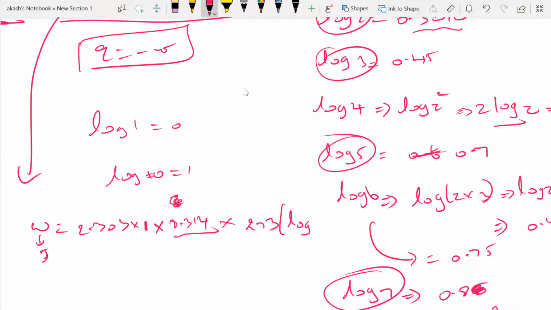Sir, here since we are using the volume in liters, aren't we supposed to use the value of R as 0.0821? No. It is taken care of because the volume by volume term gets cancelled. It's V by V, are you able to understand? The liters will get cancelled. Whatever log A upon B is, it is log A minus log B. However you do it, eventually the volume term is not there.